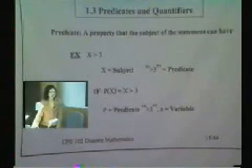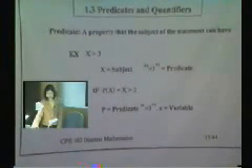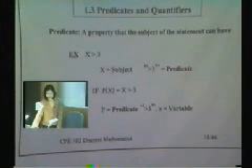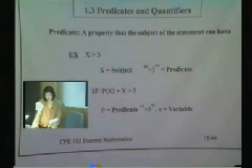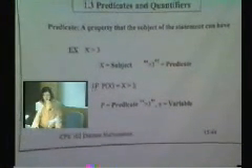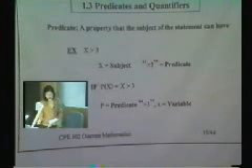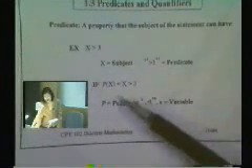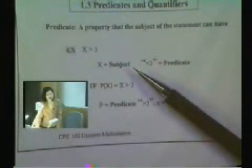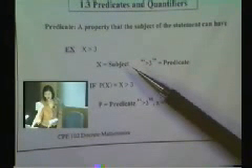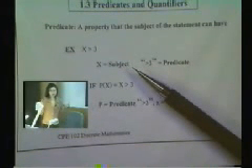Predicate is a property of the object that the subject of the statement can have. For example, the statement x is greater than 3. x would be the subject. The property of the x is greater than 3. So greater than 3 would be the predicate.